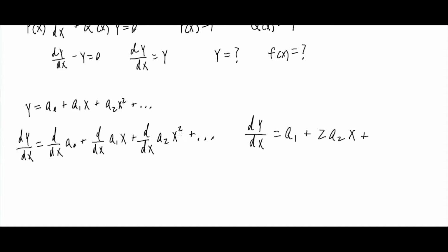Then if we did 3, what we would end up with is 3a3x squared, and so on, going to infinity.